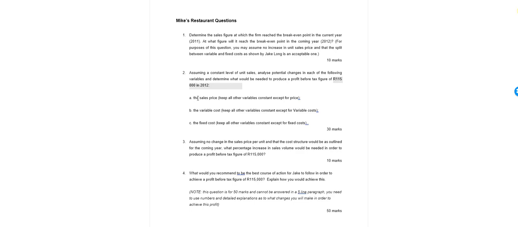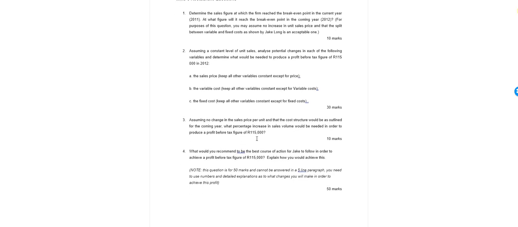We can either increase the selling price, or reduce the variable costs, or reduce the fixed costs. What this question is testing is, what if we do each of these things one at a time? What would the forecast look like? And this is to help us understand how these variables impact our profitability one at a time.